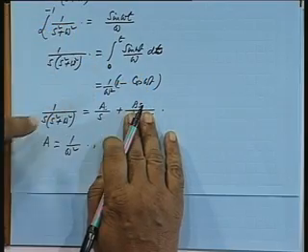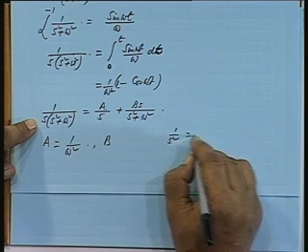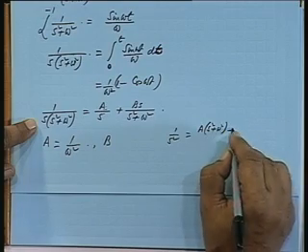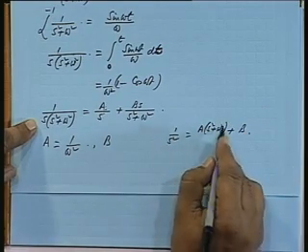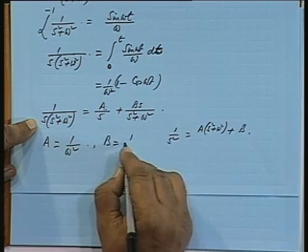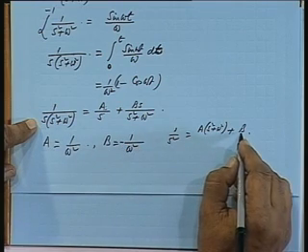If I divide by s, this will be s square, this will be s square, so it will be 1 by s square. On this side it will be a into s square plus omega square plus b, and now I am making s square plus omega square equal to 0. So that means b is minus 1 by omega square.